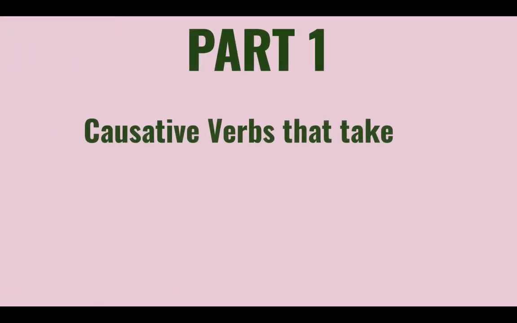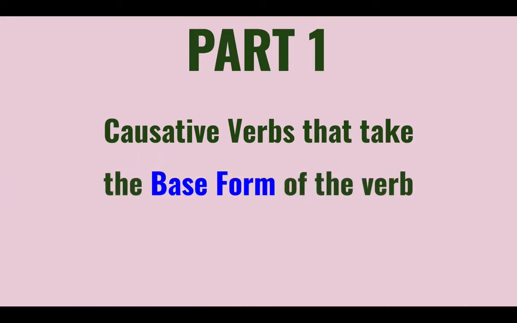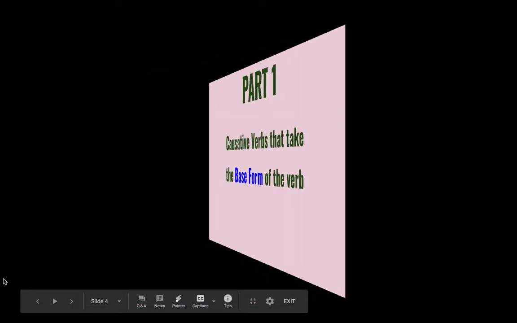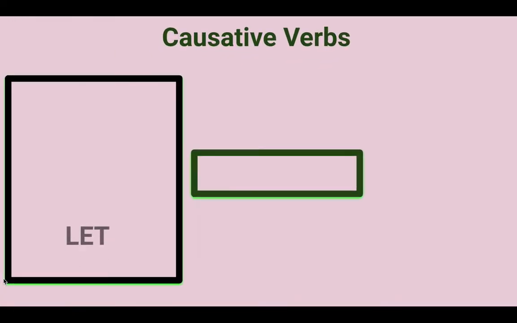So the first kind of causative verbs we're going to look at are causative verbs that take the base form of the verb after them. There's a short list here, and this is a diagram of how they work.